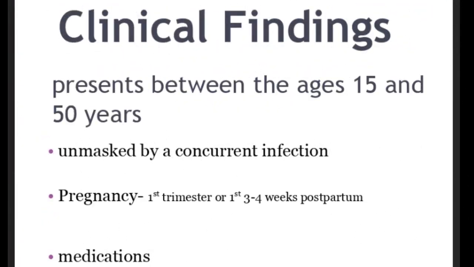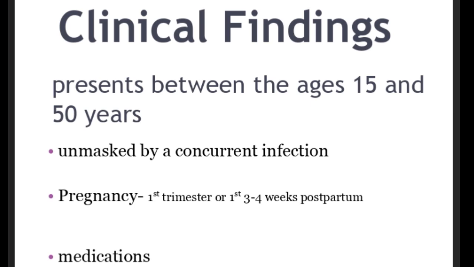Clinical findings: this disease can occur at any age and usually presents between ages 15 and 50 years, with women affected more than men in younger age groups and the reverse at older ages. Although the onset of disease is usually insidious, the disorder is sometimes unmasked by a concurrent illness which leads to an exacerbation of symptoms.